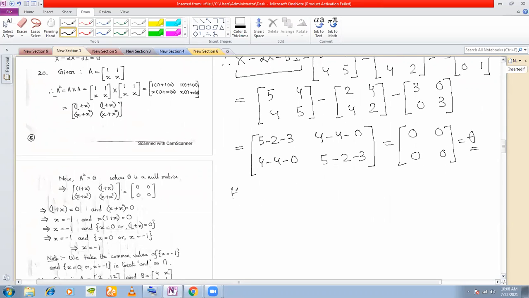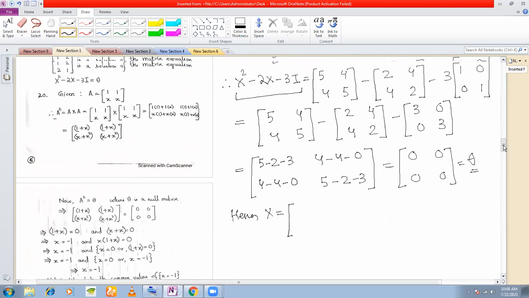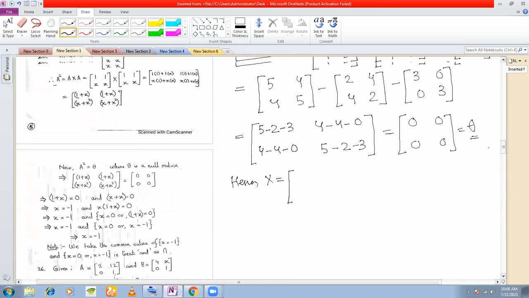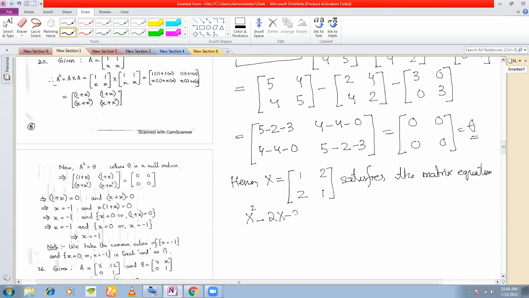So hence x is equal to 1, 2, 2, 1 satisfies the matrix equation x square minus 2x minus 3i is equal to null matrix.